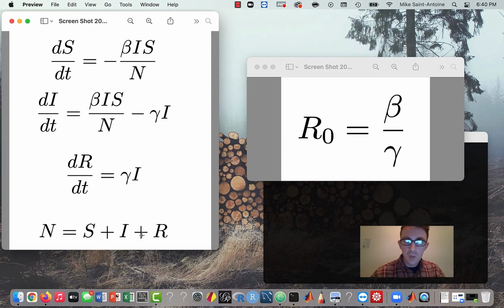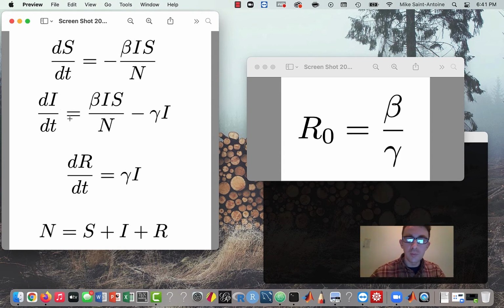Our second equation is the ODE for the infected people. The same term that's decreasing the level of S is increasing the level of I, because S is decreasing as people get infected, and those people are entering this I state, this I variable.